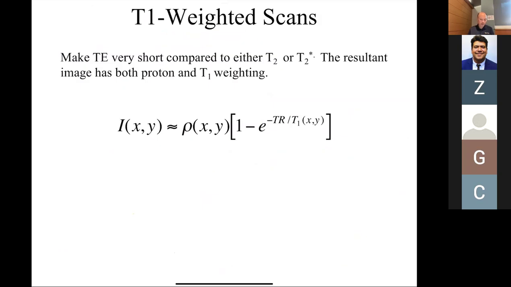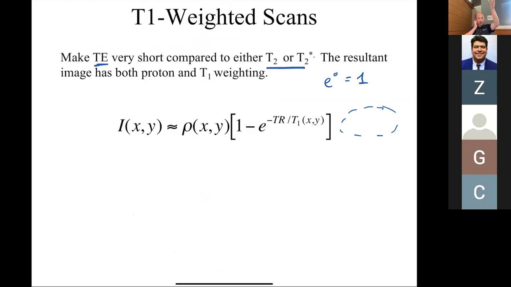So now let's look at what happens if I make TE very, very short compared to either T2 or T2 star. Then this term here goes away, right? Because e to the 0 is equal to 1. So if TE is equal to 0, I have e to the minus TE over T2 or T2 star, I just basically have e to the 0.